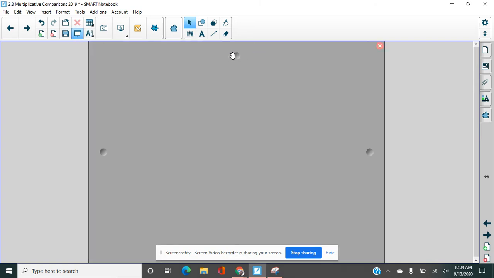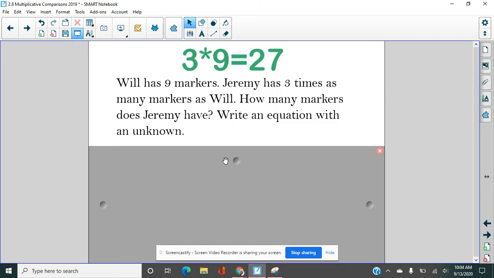If Will has 9 markers and Jeremy has 3 times as many, you can see the answer up here at the top. If we wanted to write that with an unknown, we would write 3 times 9 equals, and then we would put in a letter here, right? It's called a variable, and it's going to stand for the answer. 3 times 9 equals m.